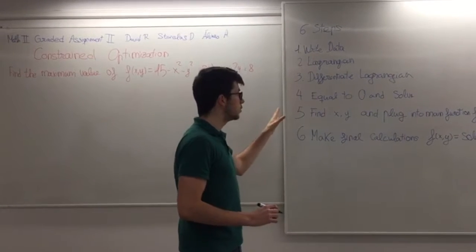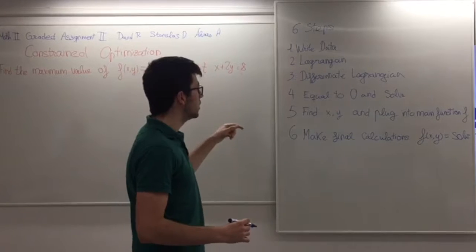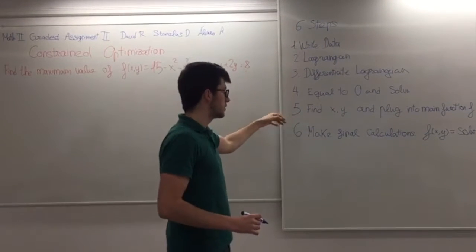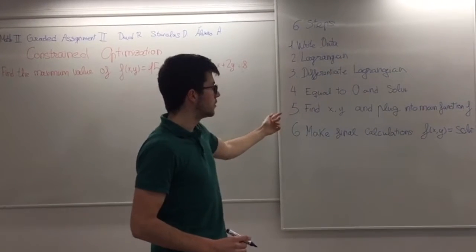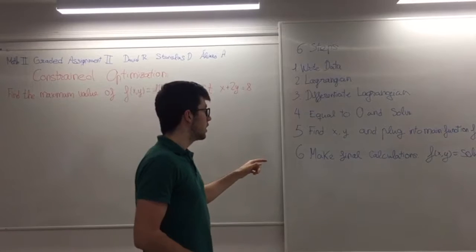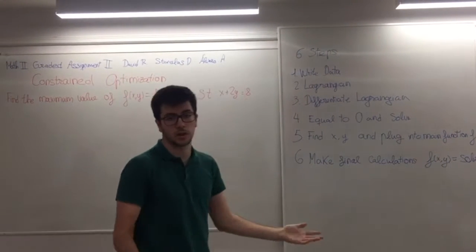Then we will set each of the differentiated functions equal to 0 and solve, which gives us step 5. We will solve for x and y and plug them into the main function. And then some final calculations to get the solution.